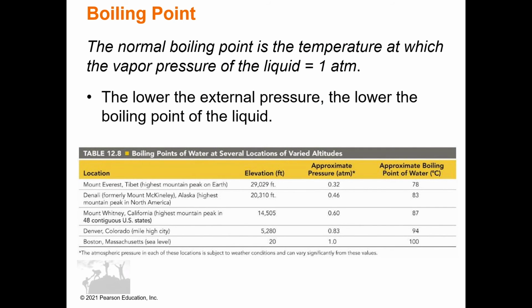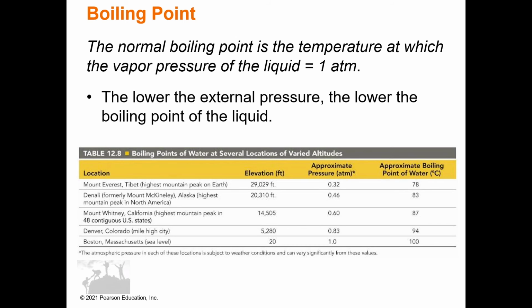If you take a look at table 12.7 again, there's a column that's labeled normal boiling point, which is the temperature at which the vapor pressure of the liquid is 1 atm. In other words, those liquids in table 12.7 were boiling at sea level.